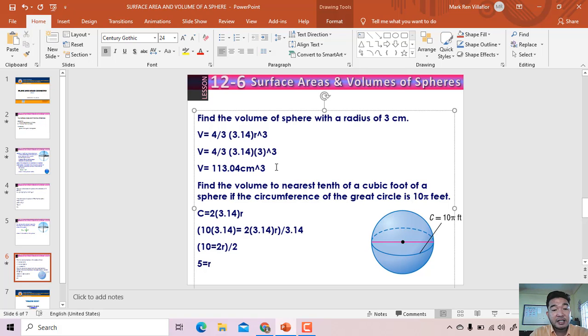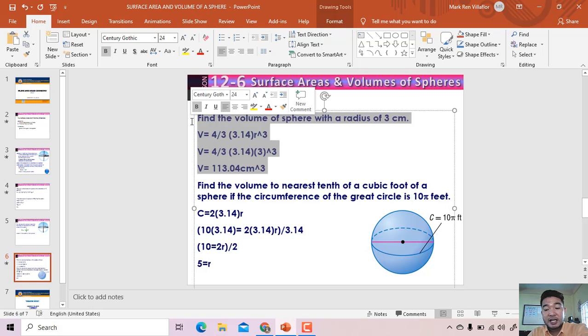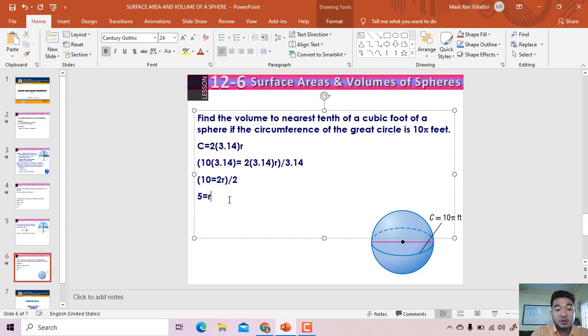And then after getting the value of the radius, you can now solve for the volume of the sphere using the formula V is equal to 4/3 times pi, which is 3.14, times r cubed, which is 5 raised to 3.